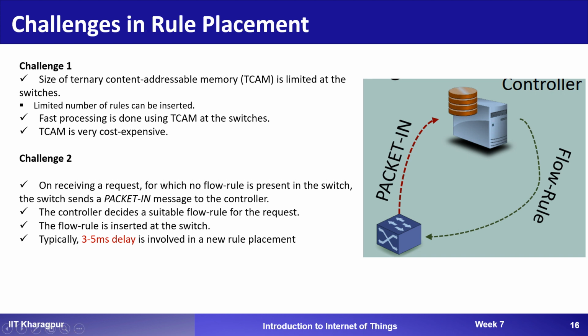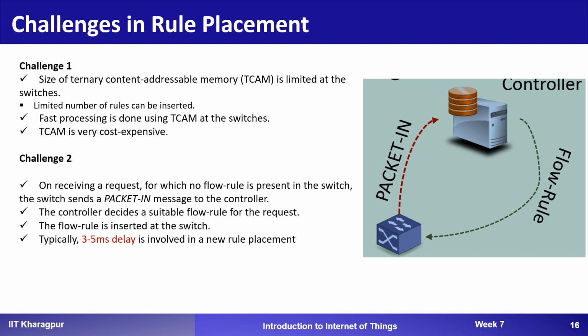So the challenge is which rules we need to store at the switches and which rules should be there in the controller. This is similar to your cache memory and main memory. There also it is a problem which data we need to store in the cache memory and which data should be present in the main memory. The data which is required by the user most, we need to store in the cache memory, right?